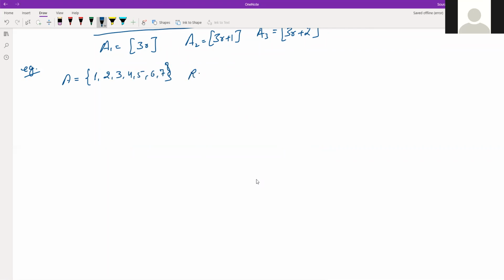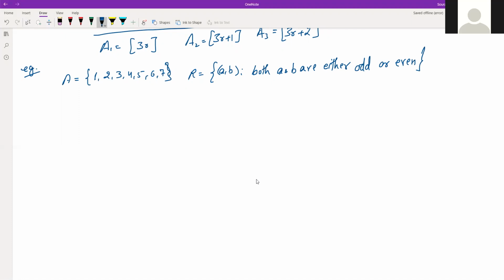And R is also given: it contains ordered pairs (a, b) such that both a and b are either odd or even.